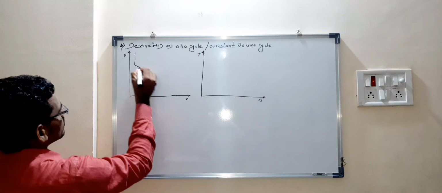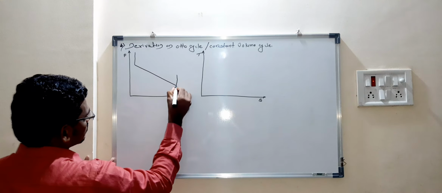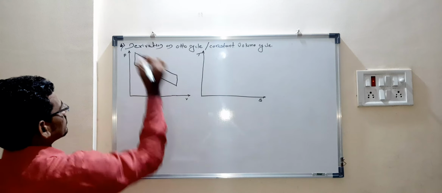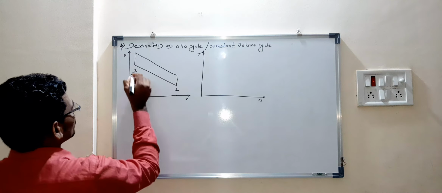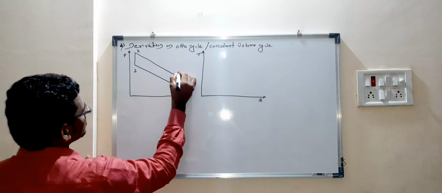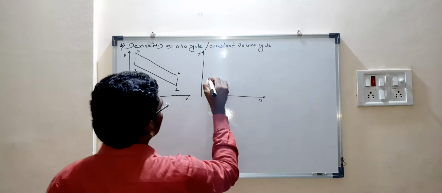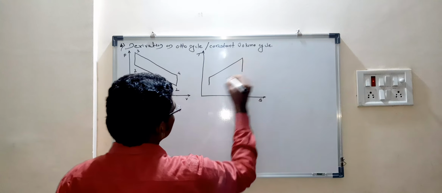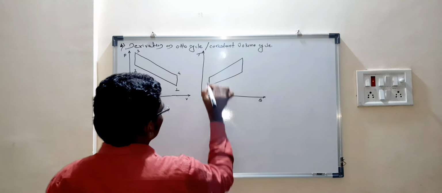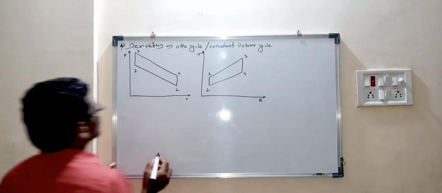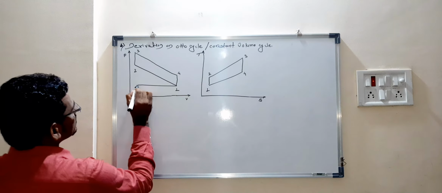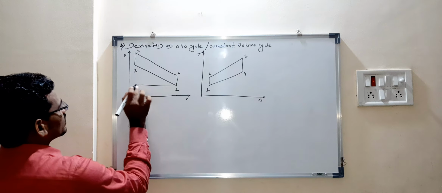Draw the PV diagram: point number 1, point number 2, point number 3, and this is point number 4. Similarly here, point number 1, 2, 3, 4, and here is point number 0.